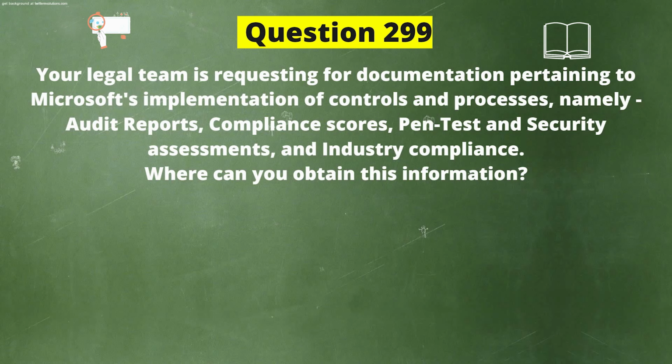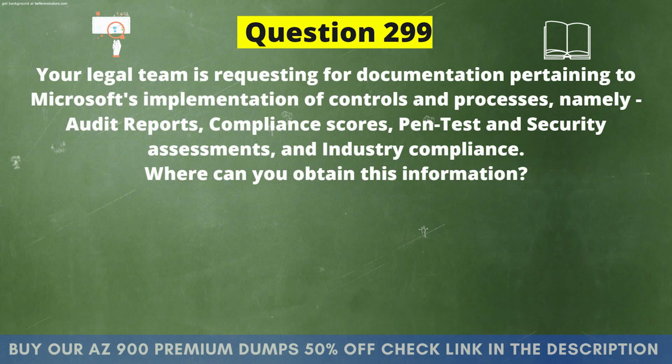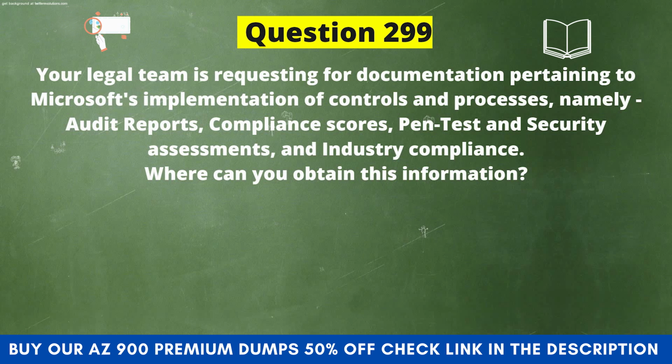Next question. Your legal team is requesting documentation pertaining to Microsoft's implementation of controls and processes, namely audit reports, compliance scores, pen test and security assessments, and industry compliance. Where can you obtain this information?